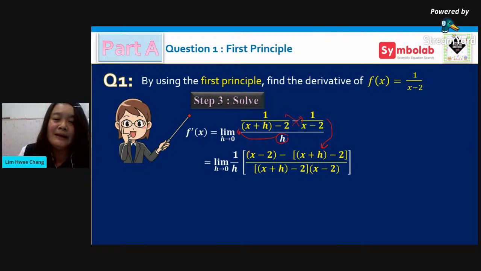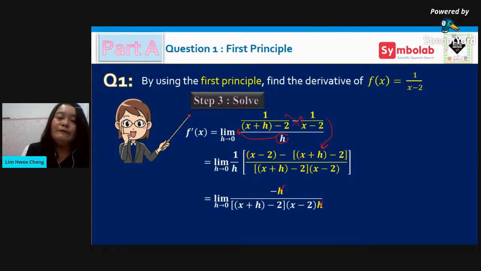The x and x you can simplify, until I get this. You will notice that this one and this one you have to omit. If you do direct substitution, you will get 0 over 0, right? h is zero, the bottom is also zero. So you have the case of 0 over 0.